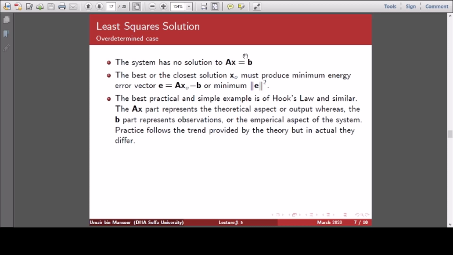So when you talk about a single equation, then the equal sign represents that the left hand side is equal to right hand side.